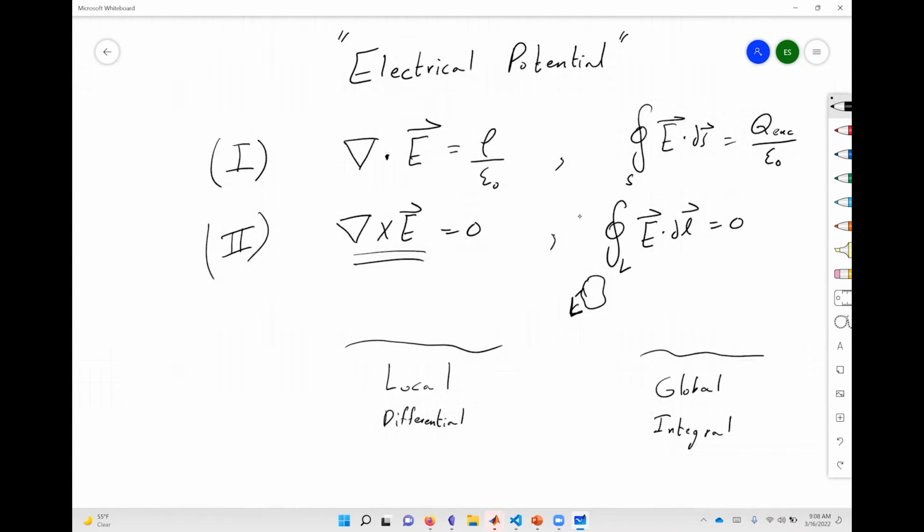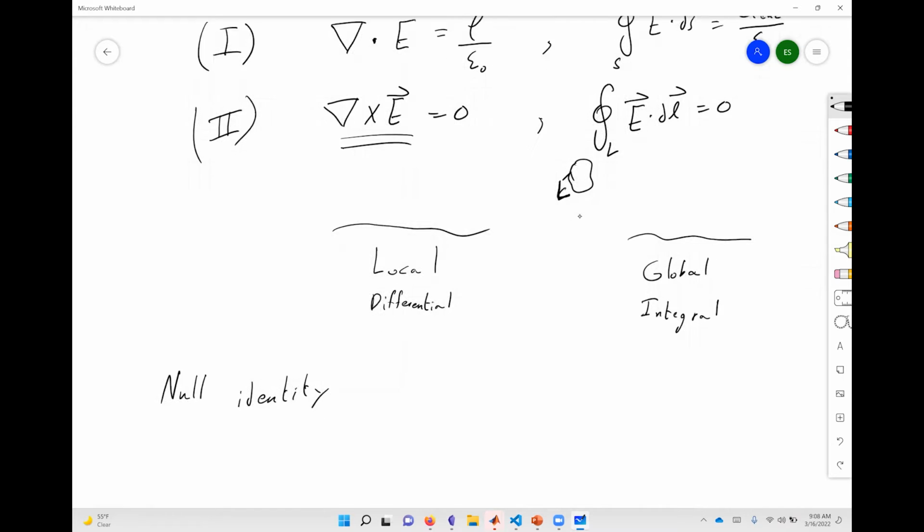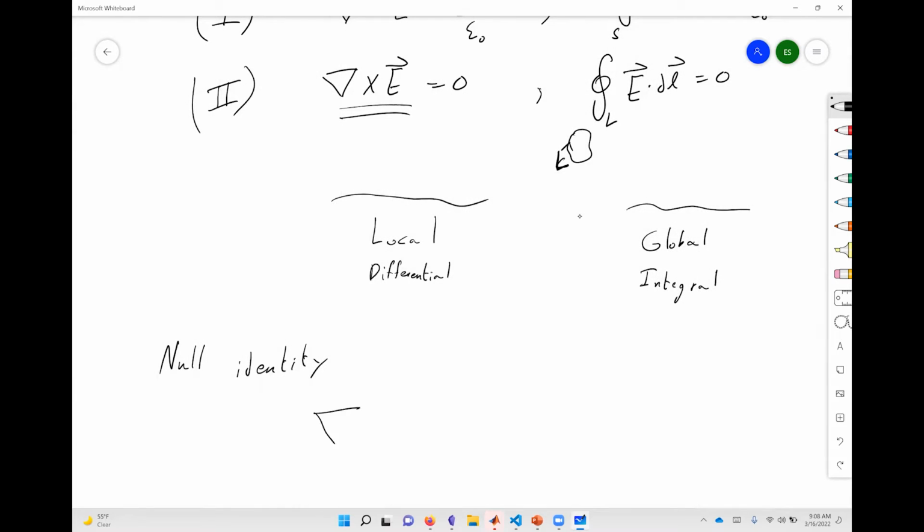Now, if you remember, one of the null identities says that if I have some vector field A such that the curl of A is 0, then we can write A as the gradient of some scalar field.